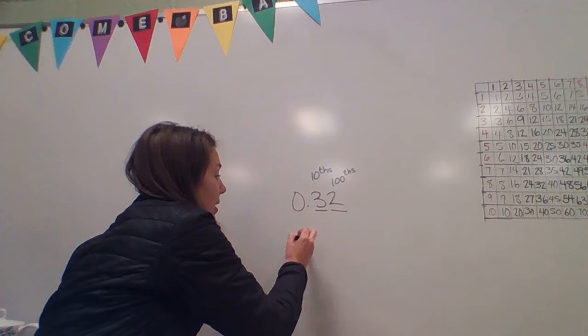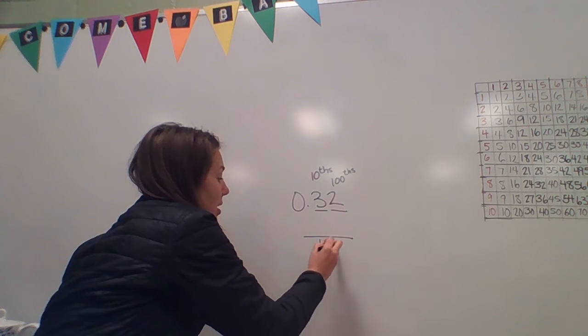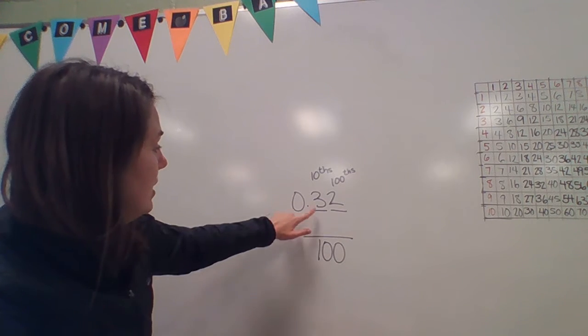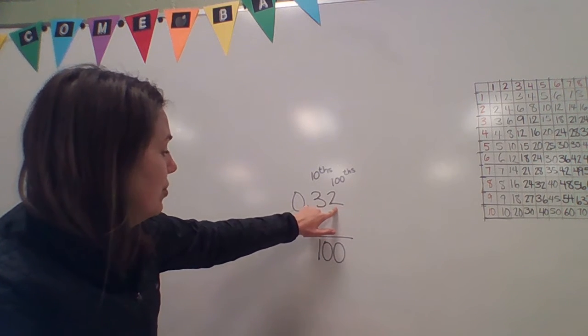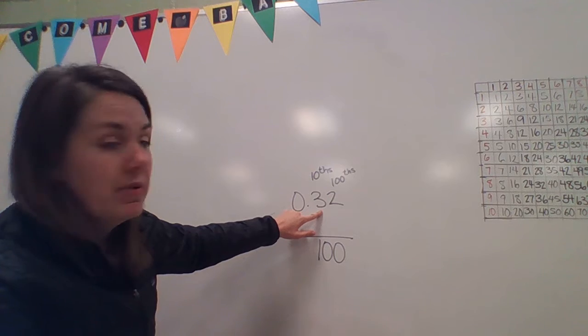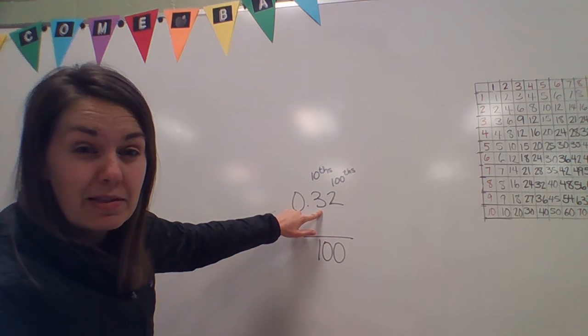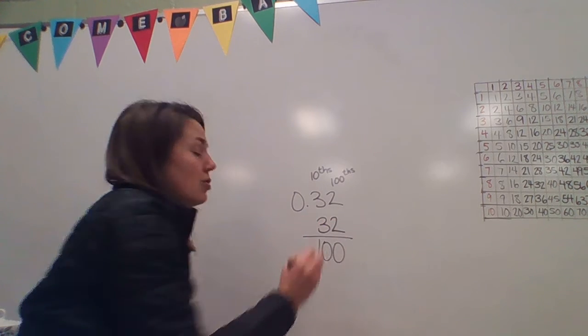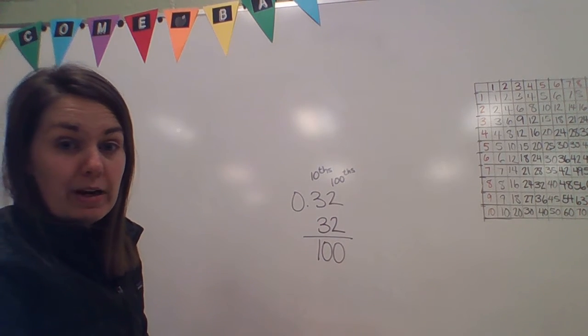So we're going to think about out of how many hundredths we would have, right? Now if I look at this, I would have 2 hundredths, but then I have a 3 in the tenths. So what we say is that that would be 32 hundredths, right?